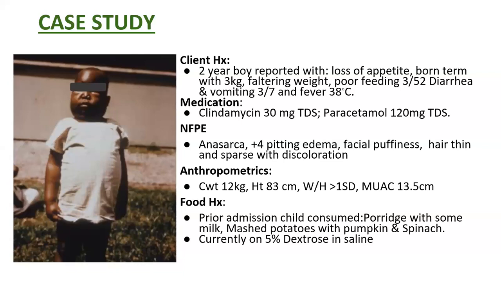You can kindly comment in the chat box. We'll be able to see your comments. We'll give you a second to comment in the chat box based on the case study that has been projected to you.